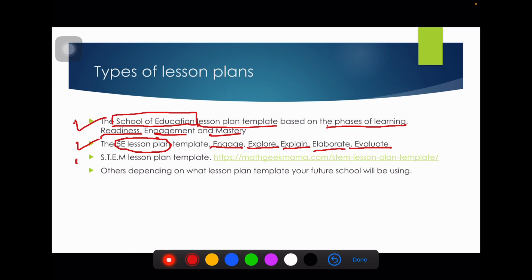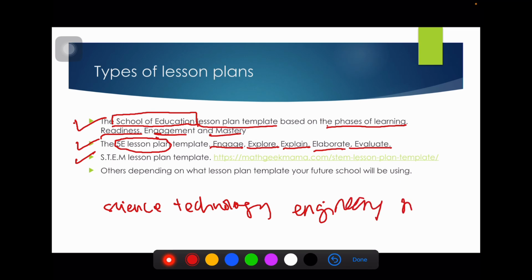Now there is another one called the STEM lesson plan template. STEM stands for science, technology, engineering, and mathematics. Their lesson plan is slightly different, and you can see an example here where I've already put in the link, so you can have a look at it.